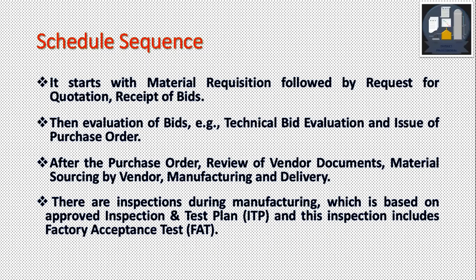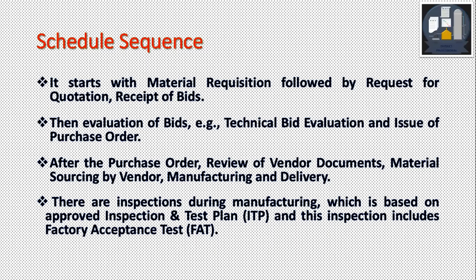Then they start the manufacturing. Like for a pressure vessel, they will procure steel plates, the pipes, the flanges, and other components. Then once the manufacturing is done, it is delivered to the site.